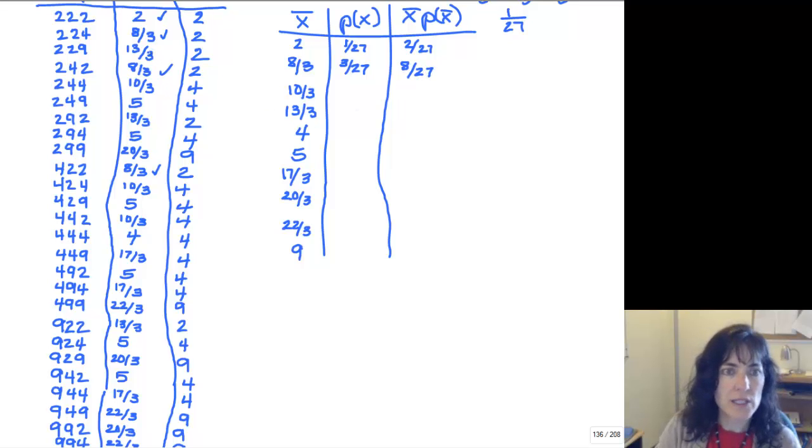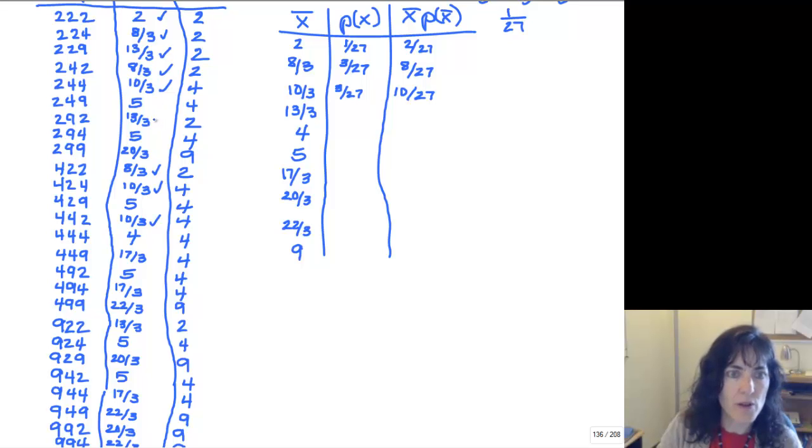And then I want to look at 10/3. So I have 1, 2, 3, and that's it. So 3/27 again. And then when I multiply these two again, the 3's cancel, and so I have 10/27. And then I want to look at 13/3.